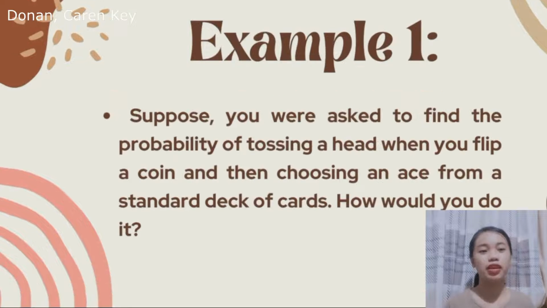Okay, suppose that you were asked to find the probability of tossing a head when you flip a coin, then choosing an ace from a standard deck of cards. How would you do it? Okay, so anyway, if you can notice, guys, our problems are paulit-ulit, our situations are paulit-ulit, diba? Common na kayo, the flipping a coin, rolling a dice, or whatsoever, right?